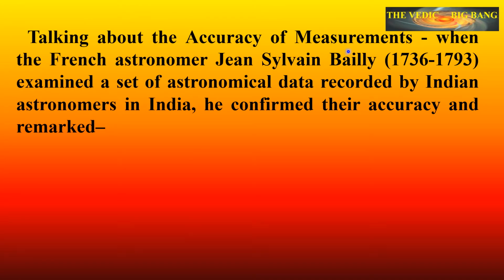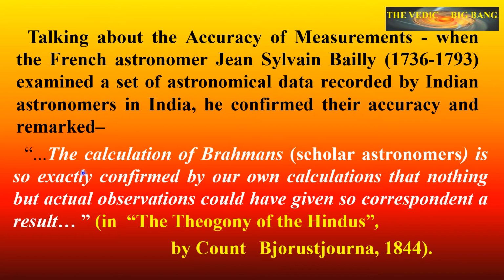Talking about the accuracy of measurements, when the French astronomer Jean-Sylvain Bailly in the 18th century examined a set of astronomical data recorded by Indian astronomers in India, he confirmed their accuracy and remarked, "The calculation of Brahmans, scholar astronomers, is so exactly confirmed by our own calculations that nothing but actual observations could have given so correspondent a result."